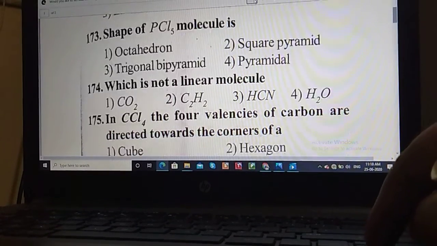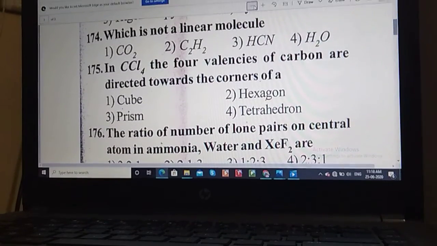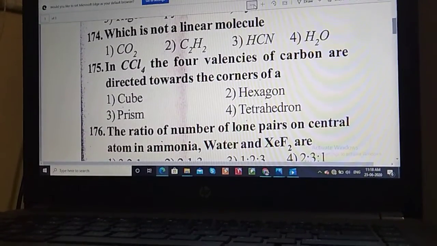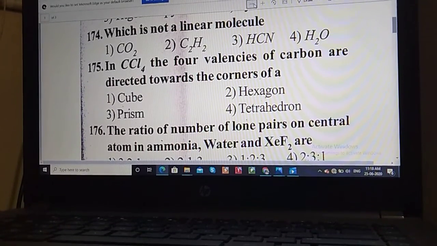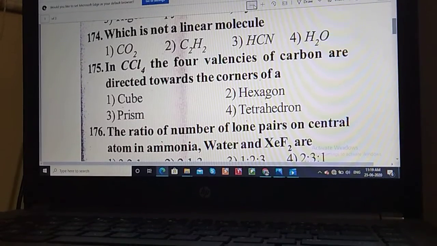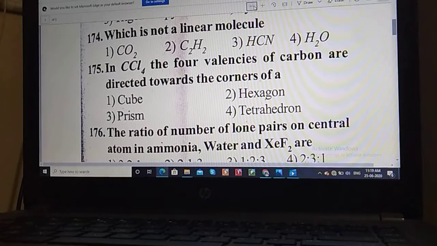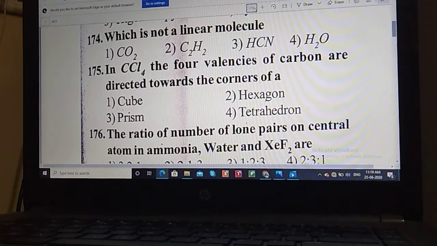Now move to question number 174. In CCl4, the 4 valence electrons of the carbon atom are directed towards the corners of, okay. So 175 they are saying, student, CCl4.